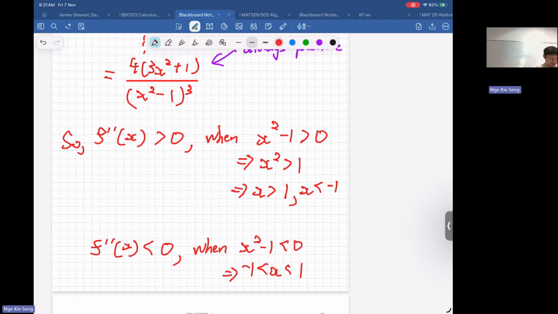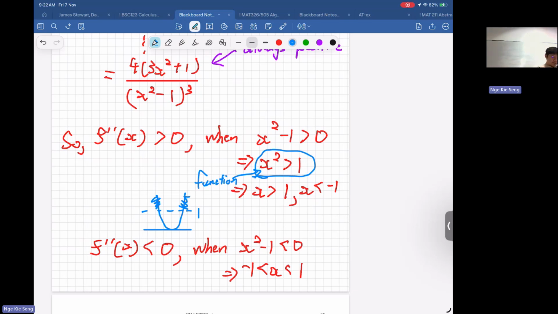Maybe I can talk a little bit more. If you want to look at this inequality, the left-hand side here is actually a function. You're asking when this function has value greater than 1. This function, you know how to draw, right? This is x squared. So you ask yourself, what x value is such that it's greater than 1?